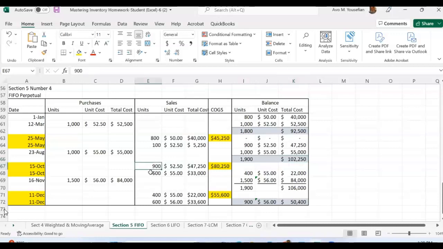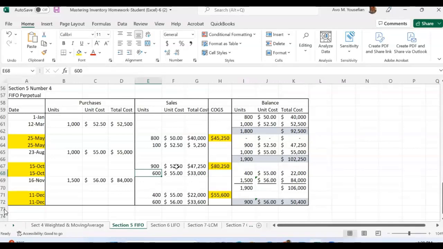You pick up as much as you can. You say equals that 900, enter. That's fine, but that's not enough. You need another 600, right? So you get another 600 from that layer.